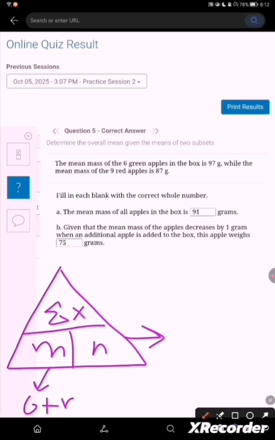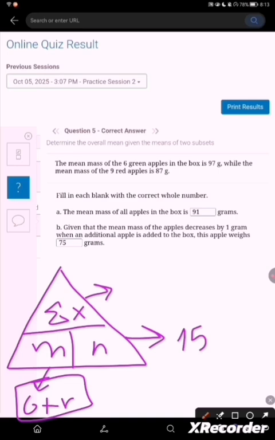And we know that there are 6 green apples and 9 red apples, so 15 apples in total. Now, to get to the mean mass, we have to find the total mass. So, from the 6 green apples, we have to find their masses added together. And from the 9 red apples, we have to find their masses added together.